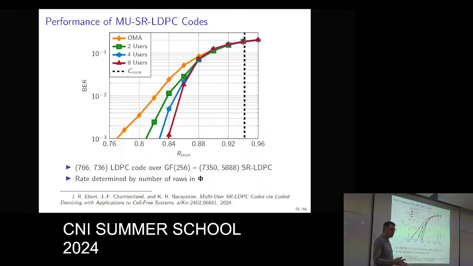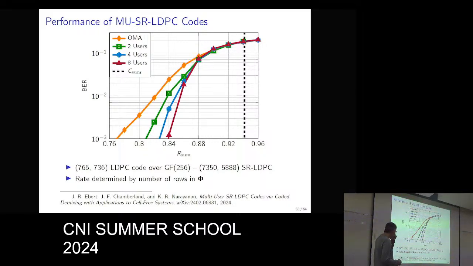Now, two users are collectively taking twice the amount of resources. So if you think of the normalized amount of resources you're using per user, it matches the one over here. The blue one is for 4, so you have 4 users, you have 4 times the number of channel uses, but if you view it in terms of how many channel uses I have per user, it is the same. So we did a normalized comparison, and then we have the 8 users.